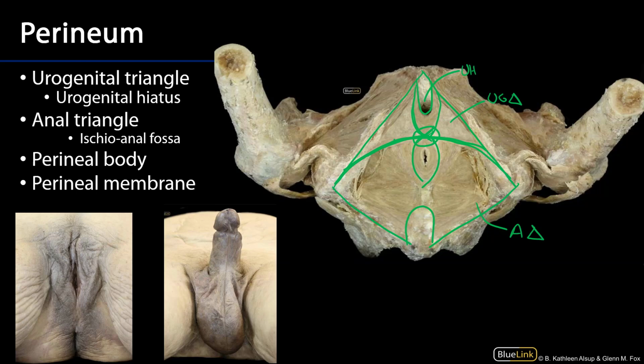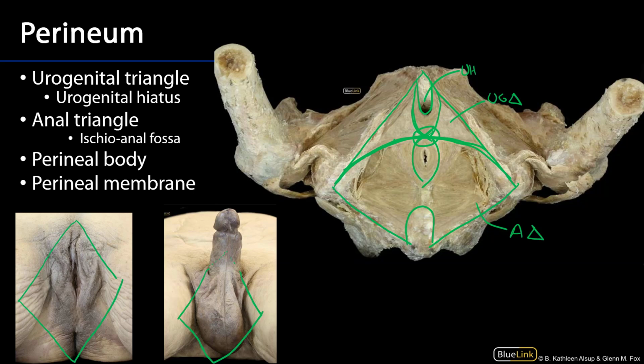So over here we can see some donors with the skin intact, and I can just roughly draw for you the boundaries of the perineum here, so that we can have an appreciation for the superficial tissues and how they relate to the perineum, like so.